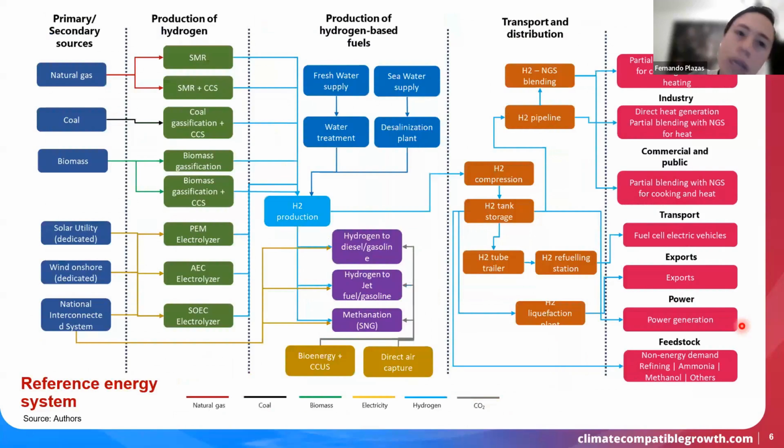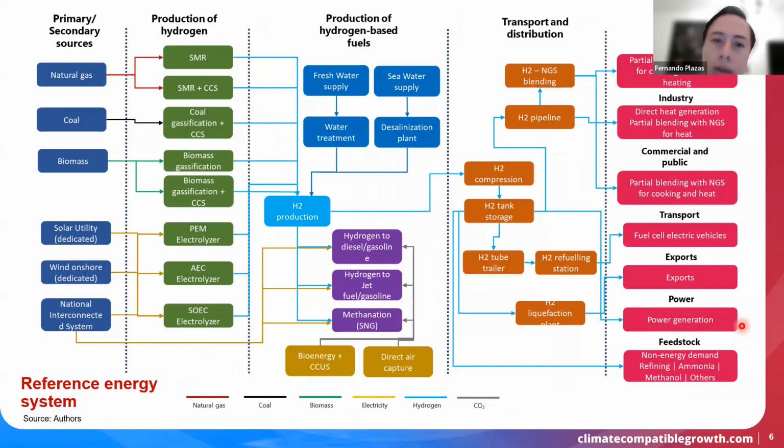If we go deeper into how to represent the hydrogen pathways, we can include as many things as you want. It's going to depend on the availability of your resources, that's the first thing. And second, on the technology perspective that you could have in your different countries or regions.